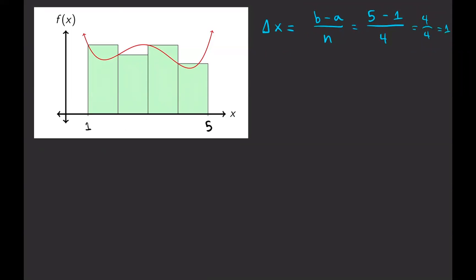So what that means is that each of these regions has a length of 1. So if this region has a length of 1, I can just add 1, 2, add another 1, 3, add another 1, 4, add another 1, and oh, look, I get right to 5, as we might presume, as we might guess.